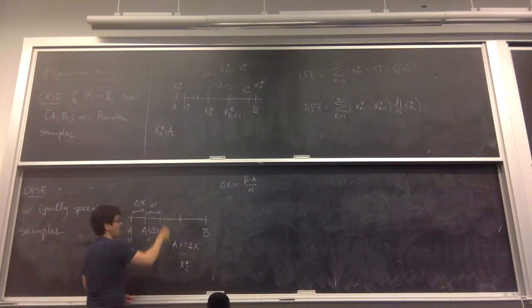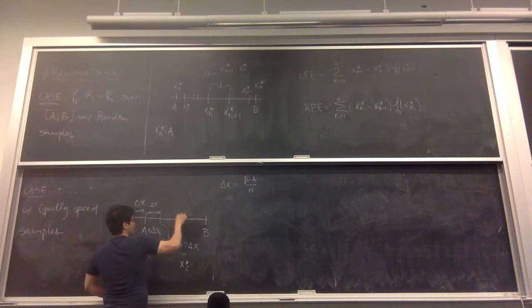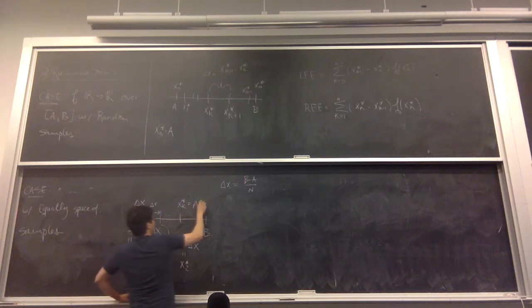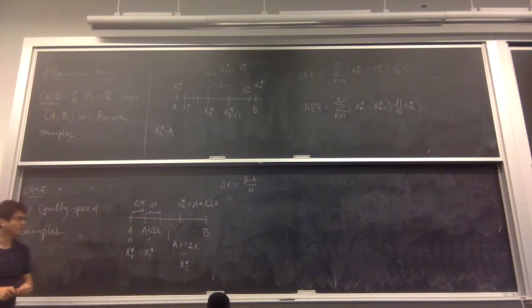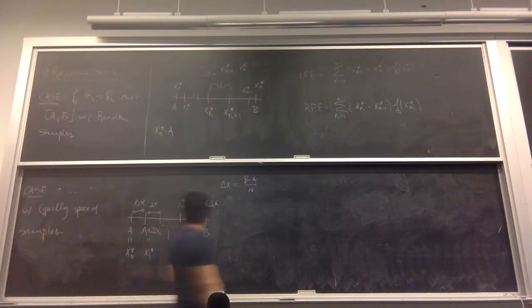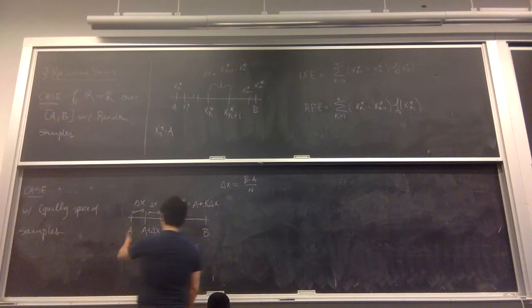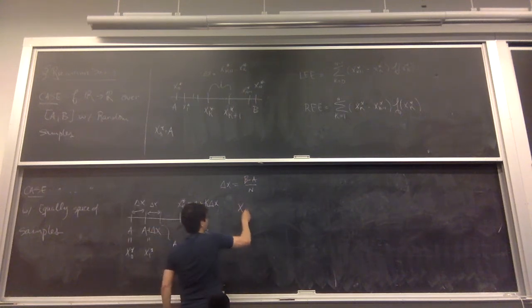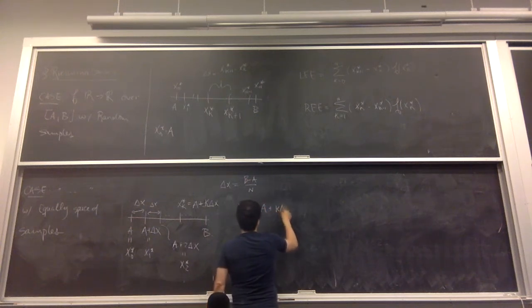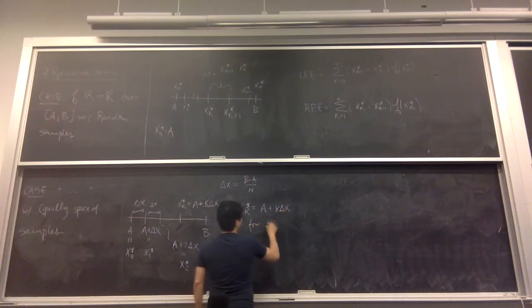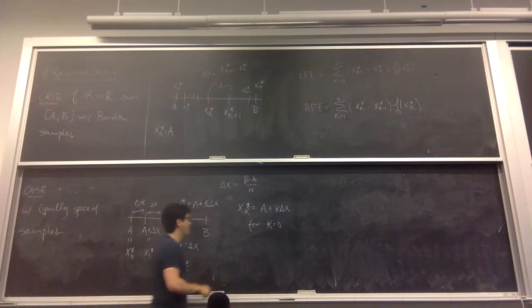Okay, so I can get a pattern here. So the kth one is going to be A plus k many delta x steps down the road. Savvy? Okay. So I got my sample points. So my sample points, generally speaking, are A plus k delta x for k from 0 to, what's the last k?